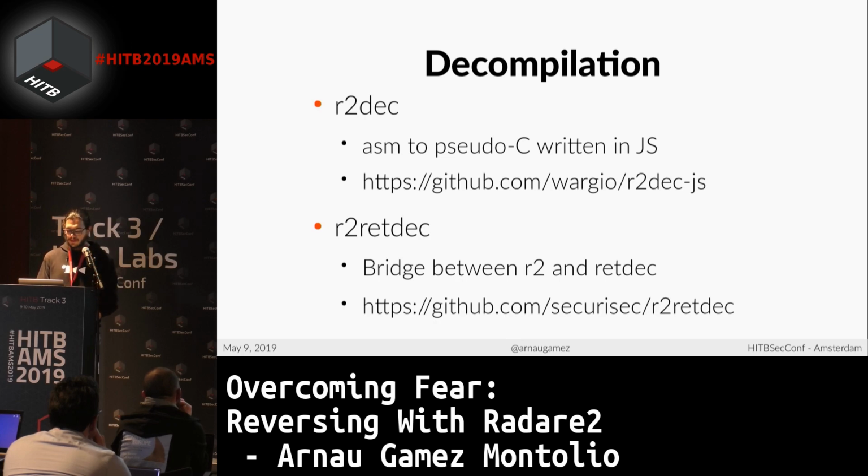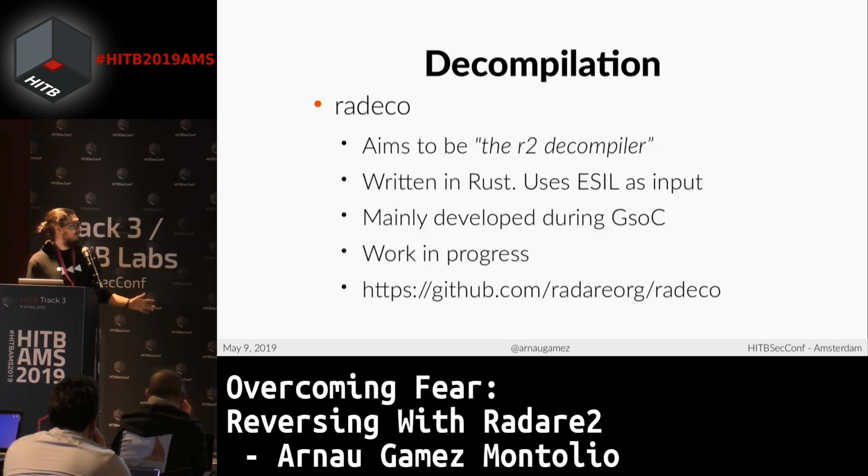Then this is the decompiler project for Radare2, the actual decompiler, with all the decompiler stuff and the fancy stuff, but it has very few developers, and it's mainly developed during the GSOC, which is the Google Summer of Code, or sometimes the RSOC, which is Radare's own kind of summer of code, not sponsored by Google.